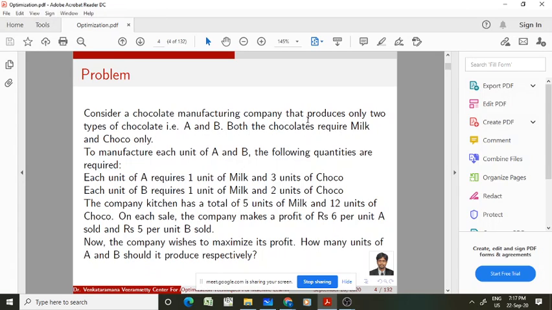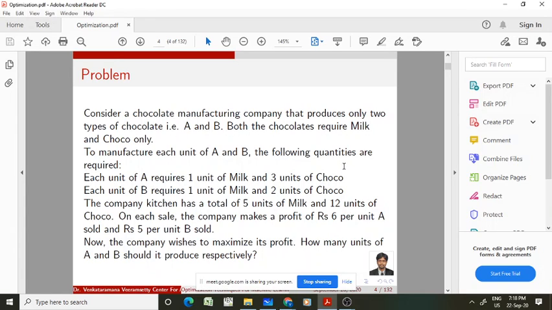There is a chocolate manufacturing company producing two types of chocolates, A and B, and to produce them they require two materials called milk and choco. To manufacture each unit of A and each unit of B, the following quantities are required. Each unit of A requires 1 unit of milk and 3 units of choco.